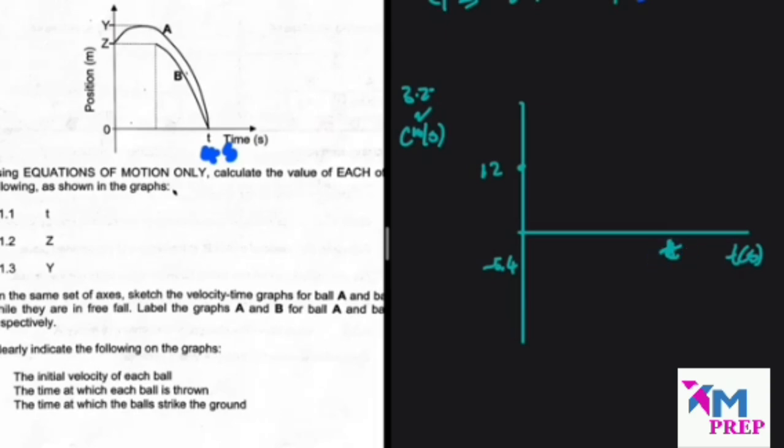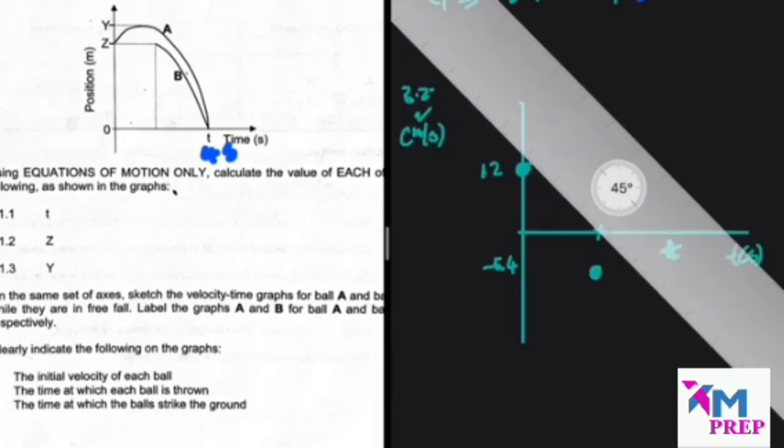And then the second ball is projected 2 seconds after, right? B is projected 2 seconds after. So here we have ball A. Ball A starts there, and then ball B will start somewhere here, which is 2 seconds after. So what happens to ball A?